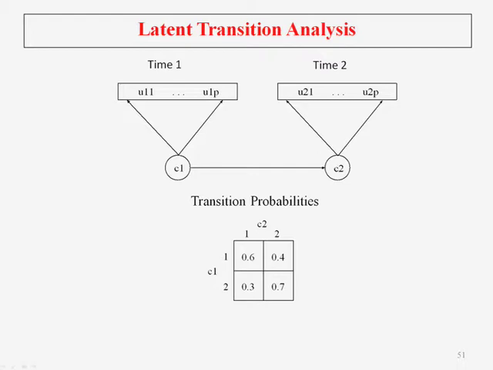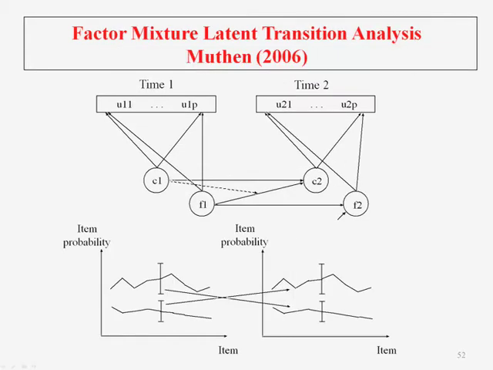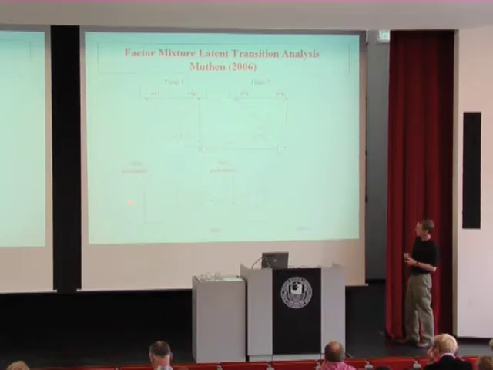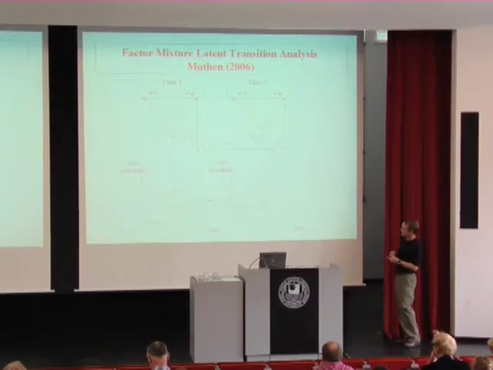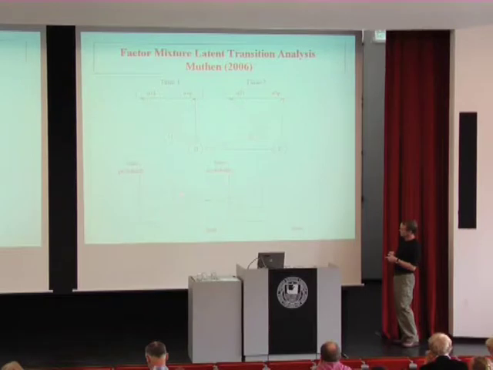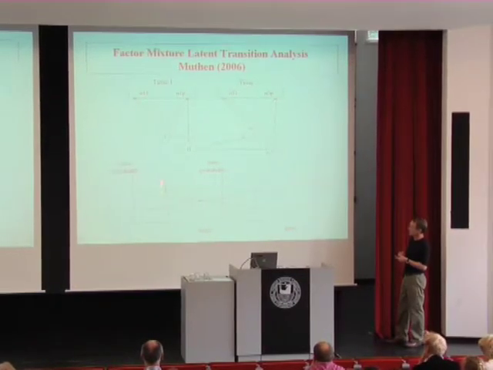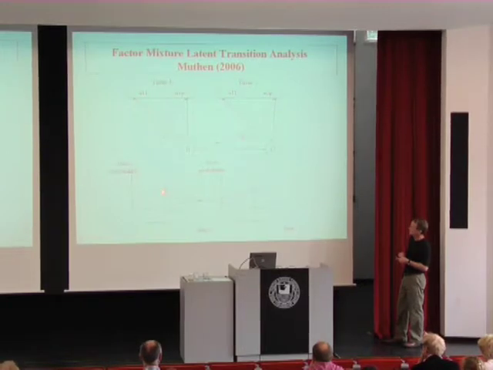If you look at slide 52, the generalization was that we allow for within-class severity variation in terms of a continuous latent variable that explains correlations between items within class, and therefore allows for variation in the severity and therefore variation in the item endorsement probability.